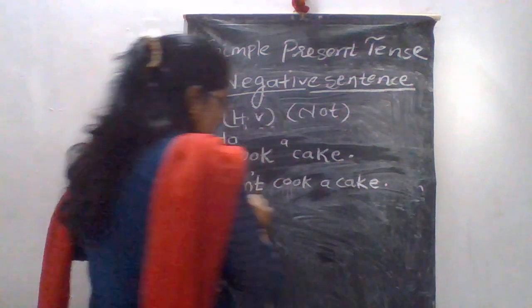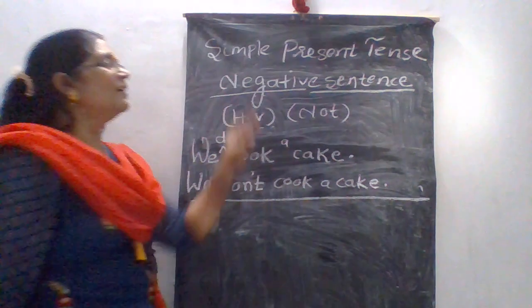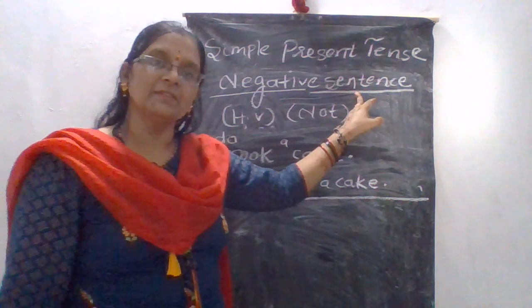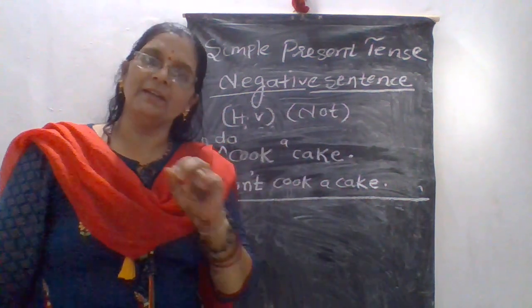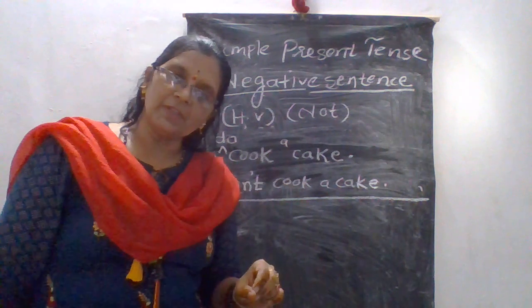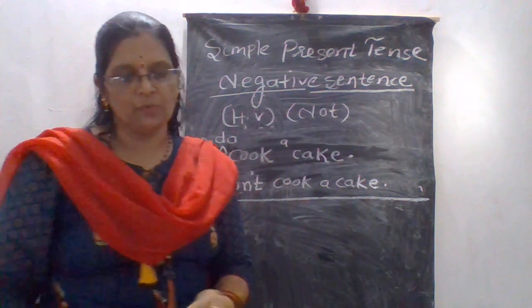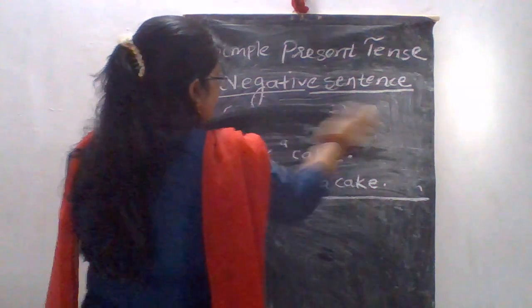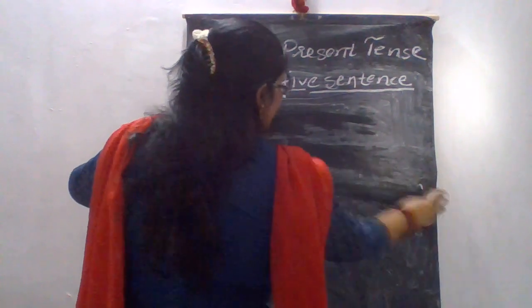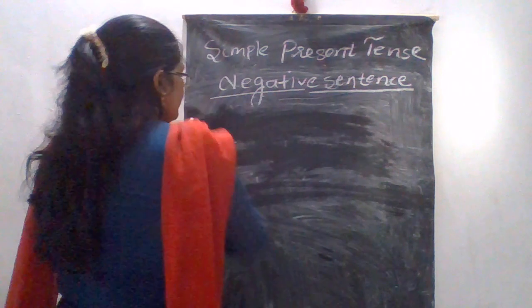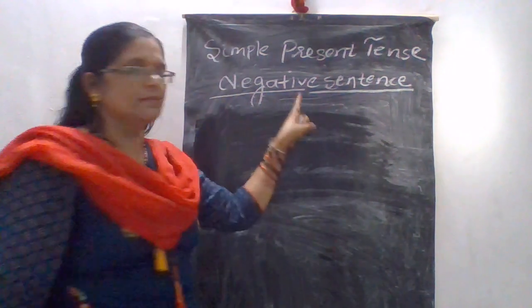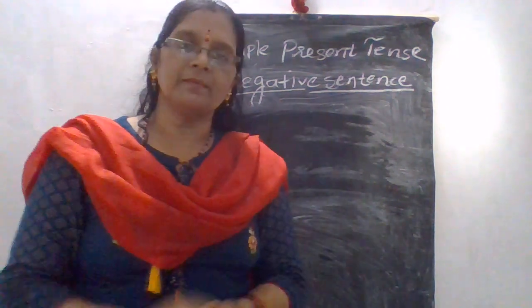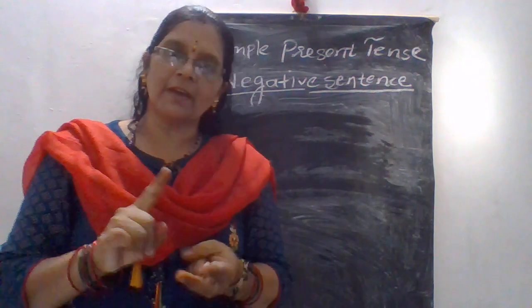So simply, in negative sentences what did we learn? The use of do and does: when to use does, when to use do. First, a quick revision once again. For making a negative sentence, very important, we need not and we need a helping verb.